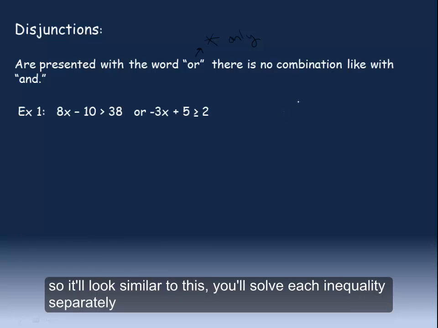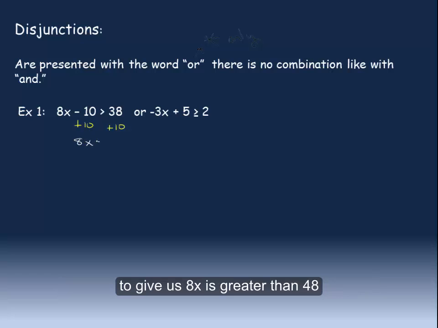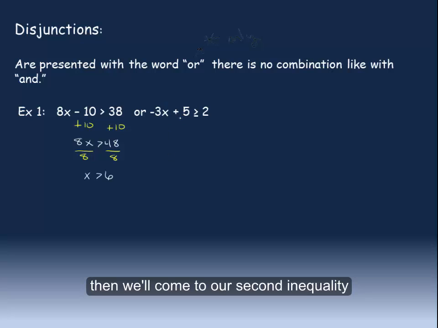You'll solve each inequality separately. So for our first step, we'll add 10 to both sides to give us 8x is greater than 48. Then we will divide both sides by 8 to give us x is greater than 6. Then we'll come to our second inequality.